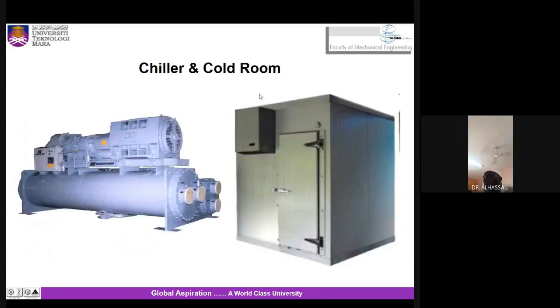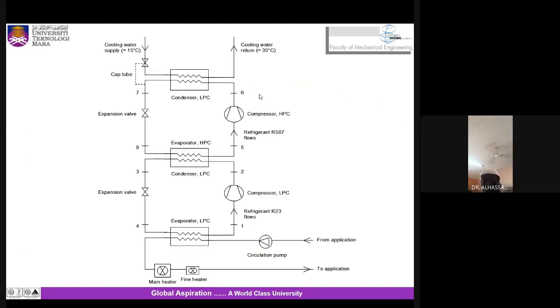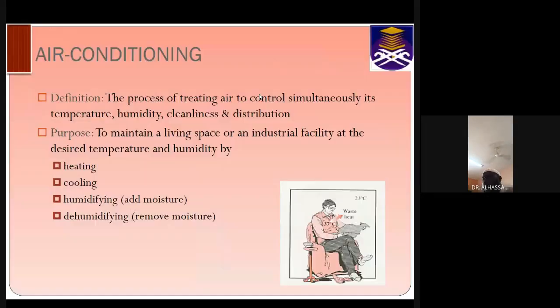So also in chillers and cold room. We have seen this diagram already, and this is air conditioning. This particular part I'm going to attend to next week.